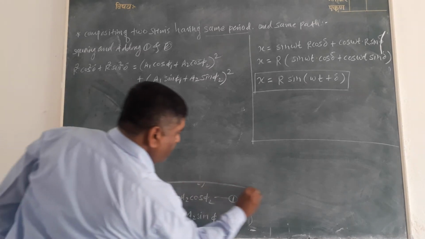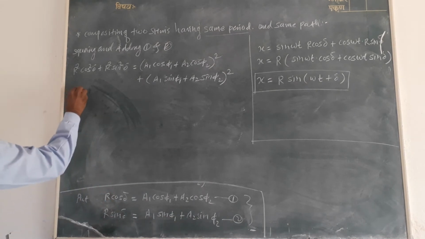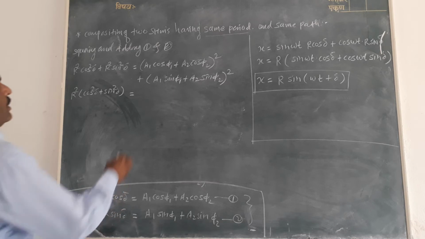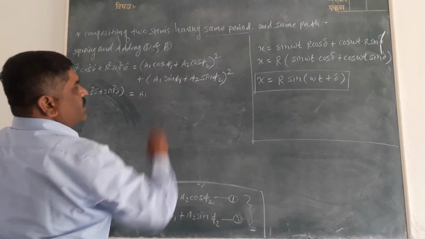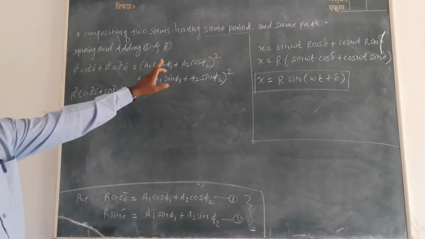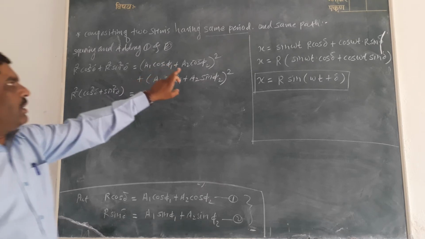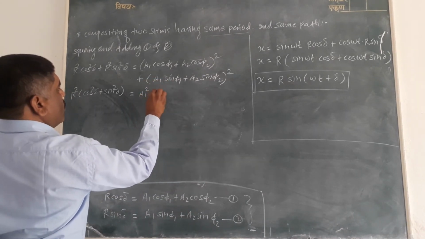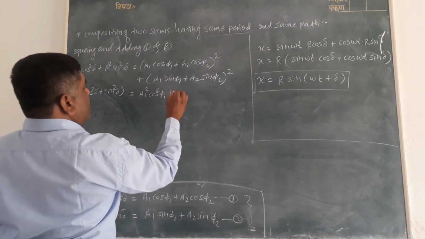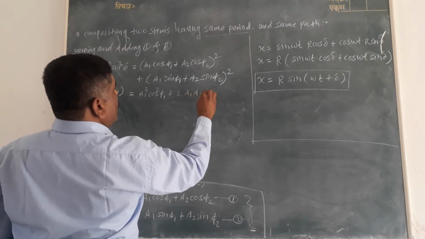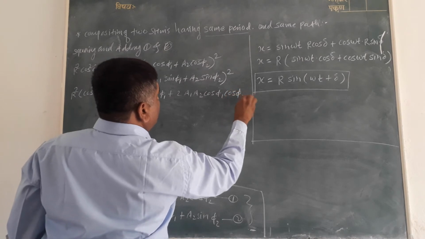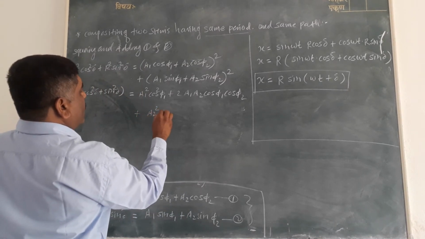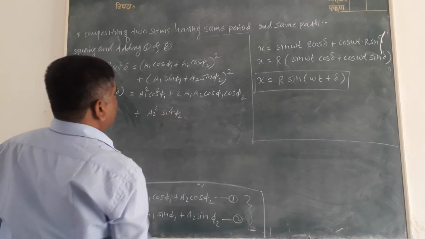Therefore, r square into bracket cos square delta plus sin square delta, which is equal to, using the expansion of a plus b square, with a1 cos alpha 1 as a and a2 cos alpha 2 as b: a1 square cos square alpha 1 plus 2 a1 a2 cos alpha 1 cos alpha 2 plus a2 square cos square alpha 2.